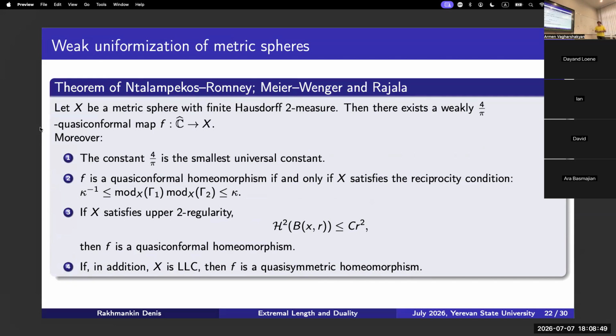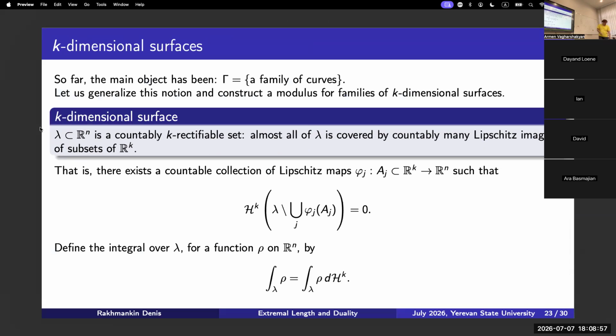That's the generalization. Also, if the set of questions is empty right now, we can go a bit further and extend the example, because I promised that I would give the same duality for a higher dimension. Let's also define some new objects, k-dimensional surfaces.